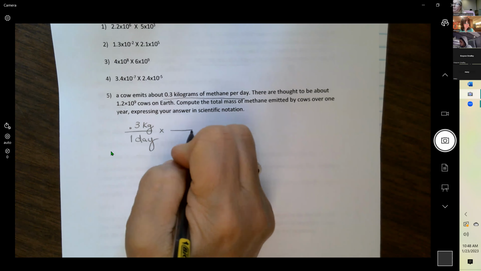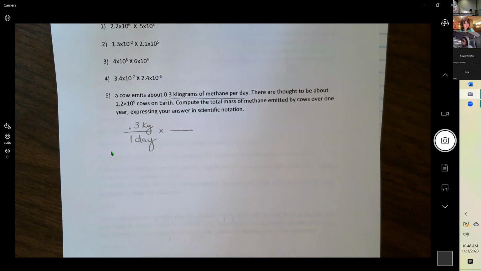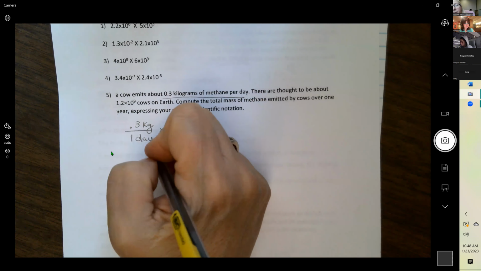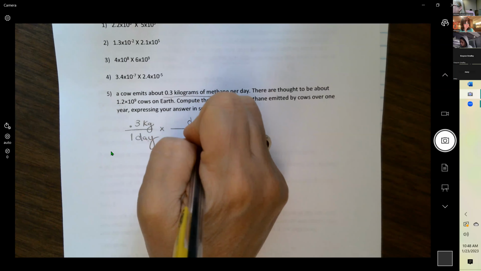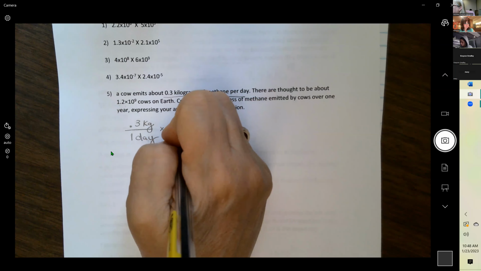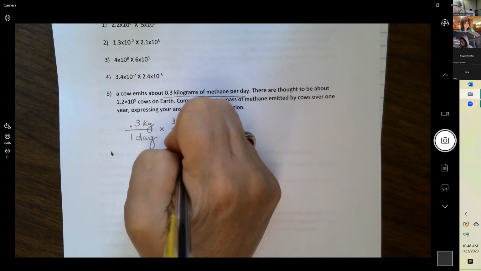We know there's 365 days in a year. Now we got to decide, is the 365 on the top or is it on the bottom? This day is in the bottom, so I need days on top. And there's 365 days in 1 year.